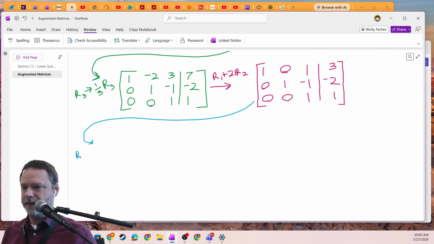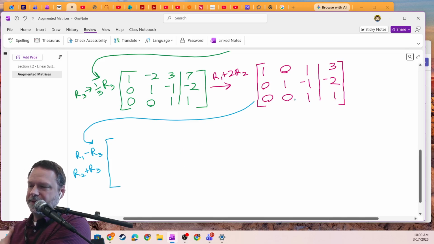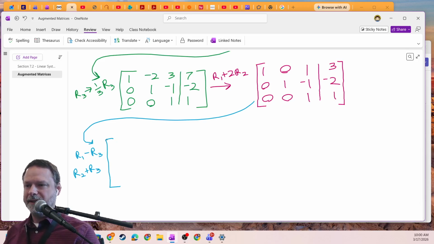So we're going to do R1 minus R3. And we're going to do R2 plus R3. There. We're going to do those two at the same time because these we can do at the same time. If it's not obvious, then do them one at a time. But here, this is going to be allowed.